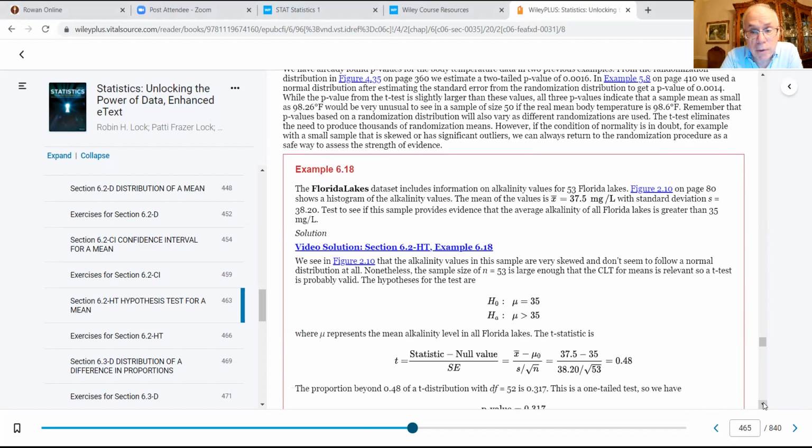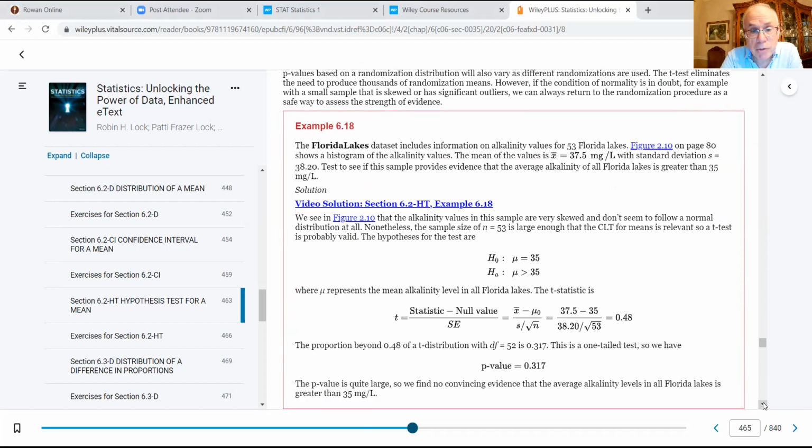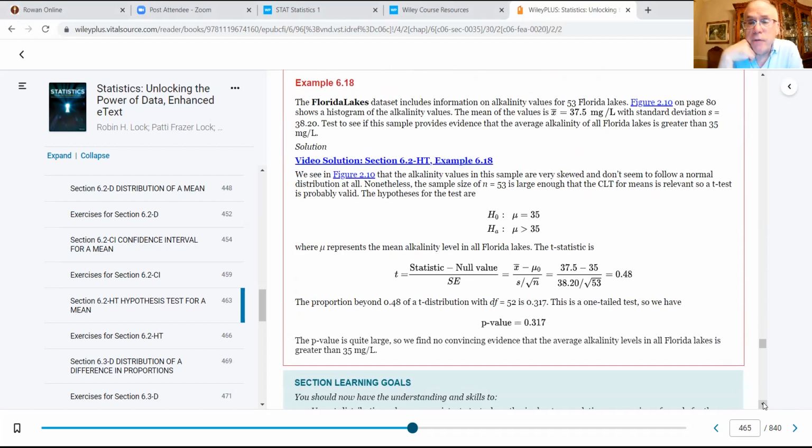All right, let's look at another one. This particular example is an example of a right tail test. So this has to do with Florida lakes. There was something done way back in chapter 2, page 80. There was actually a histogram of levels of alkaline in the lake. And the mean measure of alkaline is 37.5 milligrams per liter.